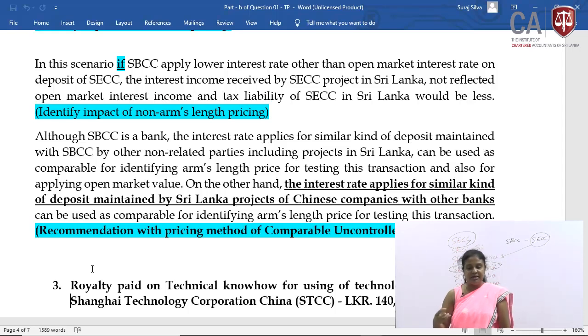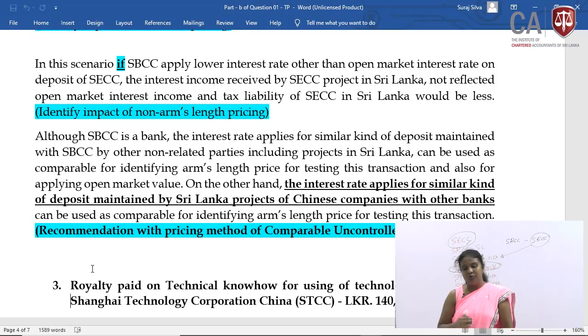The interest income received by SCCC projects in Sri Lanka does not reflect the open market interest income, and the tax liability of SCCC in Sri Lanka would be less. For other projects, SBCC is giving an interest rate of 7%. For us, 5%. What is the reason? It is to reduce the income tax liability on interest income.